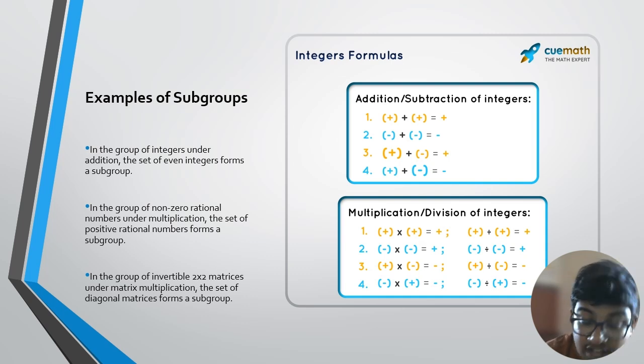In the group of invertible 2 by 2 matrices under matrix multiplication, the set of diagonal matrices forms a subgroup. These are some of the examples.